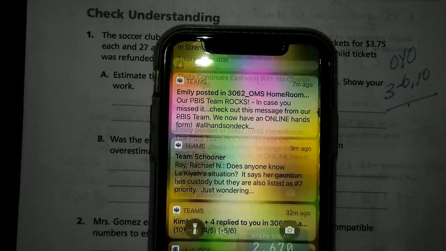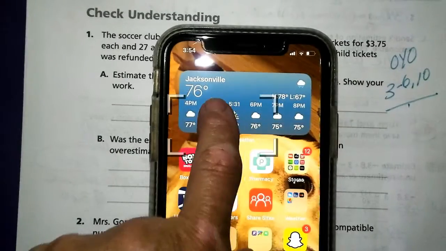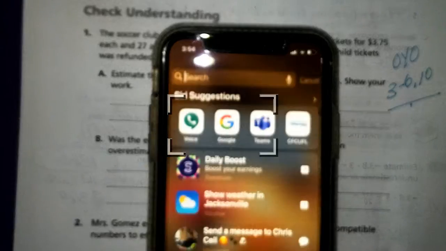It's already gone. It's past us. Hold on.